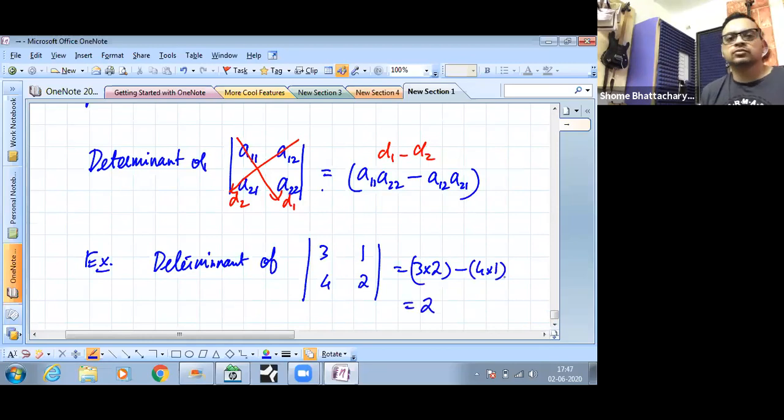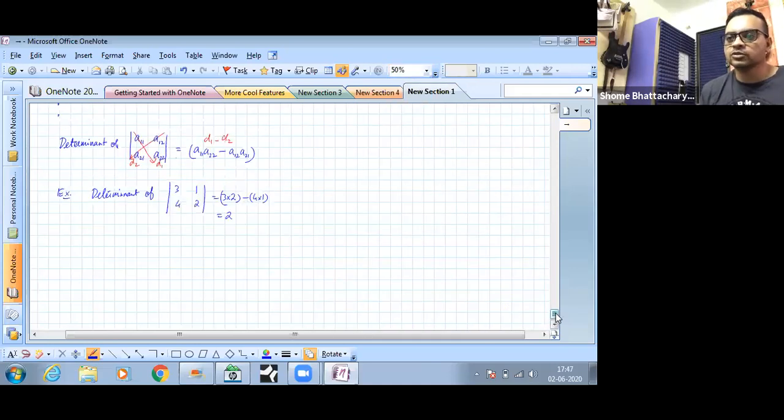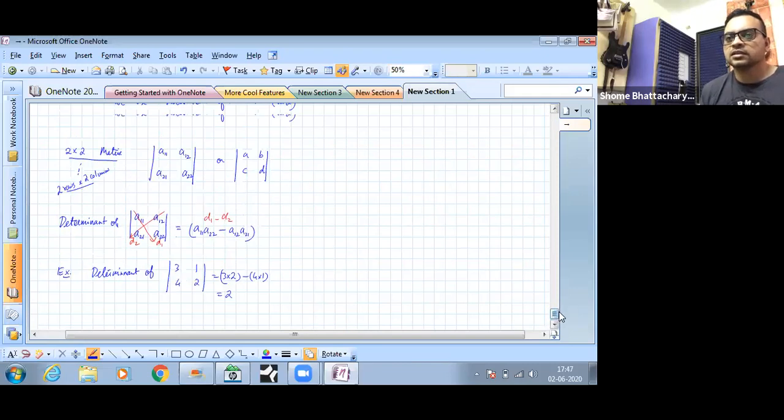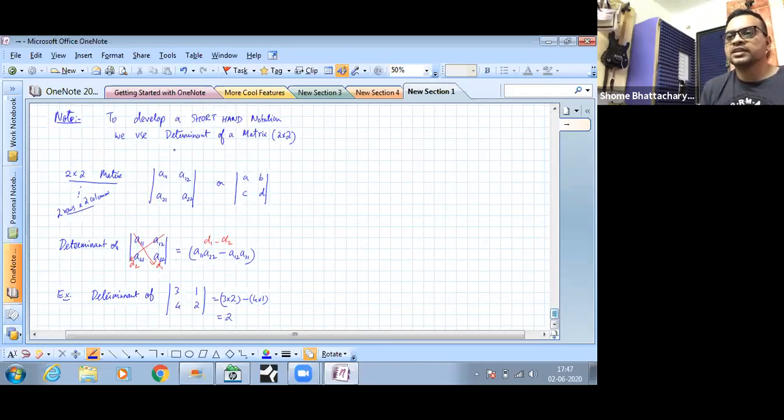So that is 2. Alright. So just write this down first in case you are not familiar with this from before. Then we'll come back to how we use this. This is not related to vectors just now. This is just the general concept of the determinant of a 2 by 2 matrix. Okay, so just write this down first. Then we'll see how we can make use of that to develop a shorthand notation for the cross product.